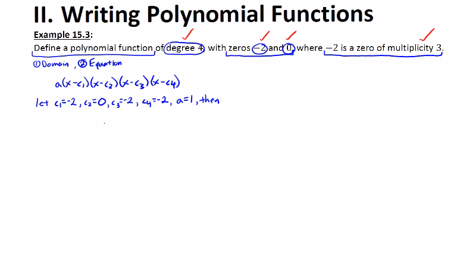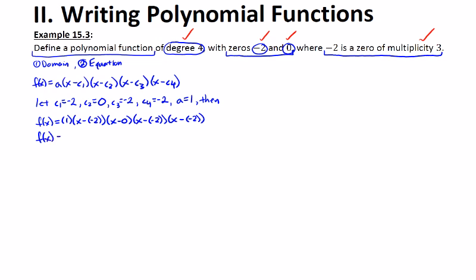Actually, take that back. Let's do this next. We need to give a name to this. Let's go ahead and call this f, so that's going to be f of x. Now we'll substitute in: f of x is going to be 1 times (x minus -2) times (x minus 0) times (x minus -2) times another (x minus -2).